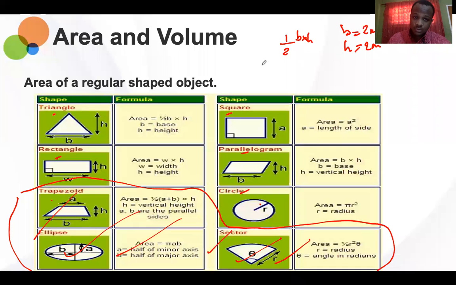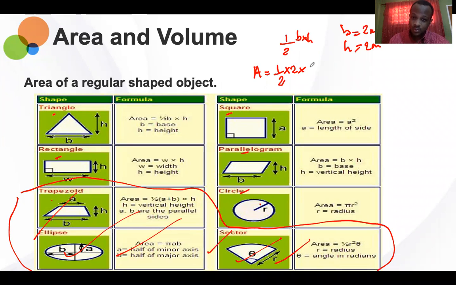So area of triangle equals, let's work it out together. You have half times the base, which is 2, and the height is also 2.